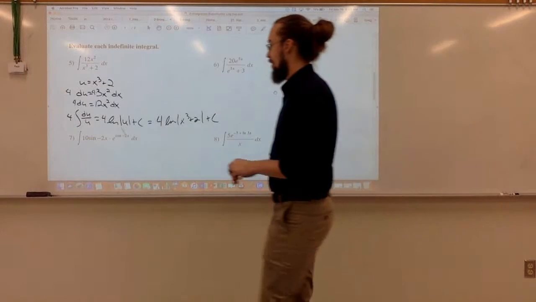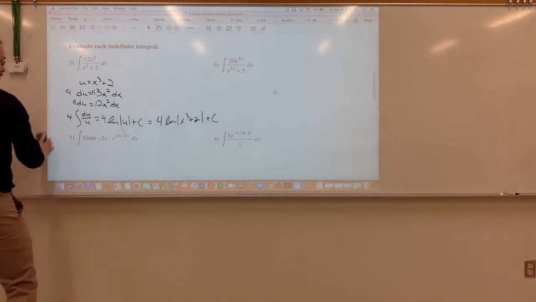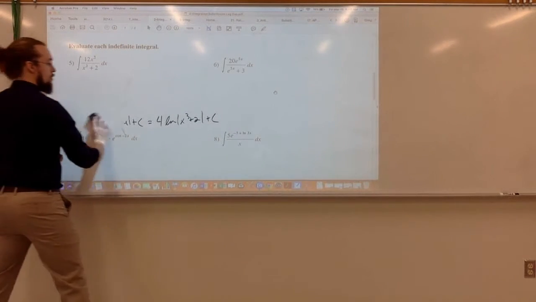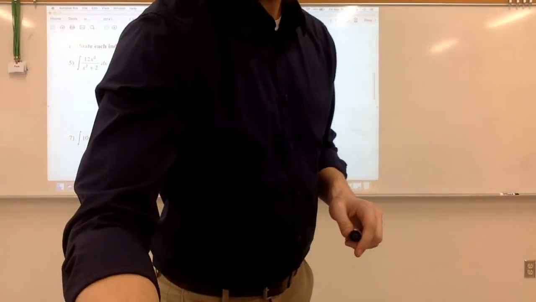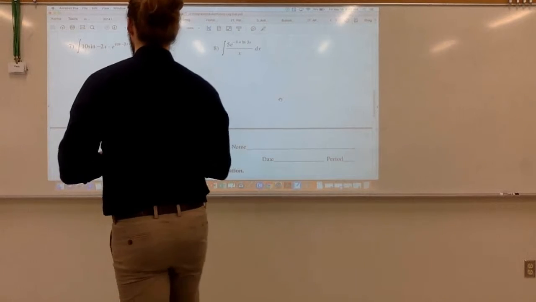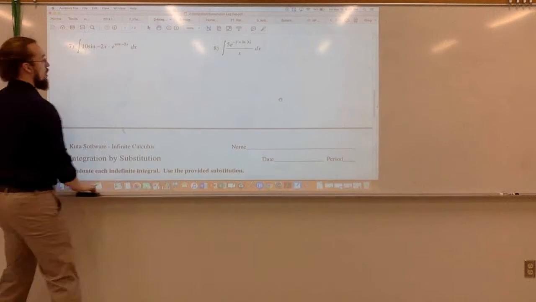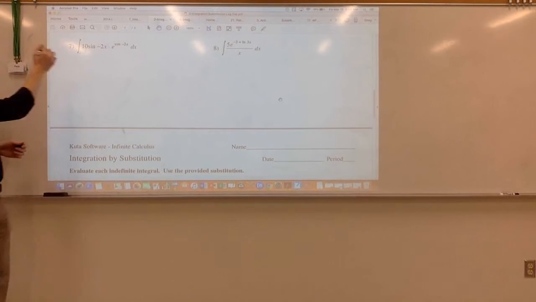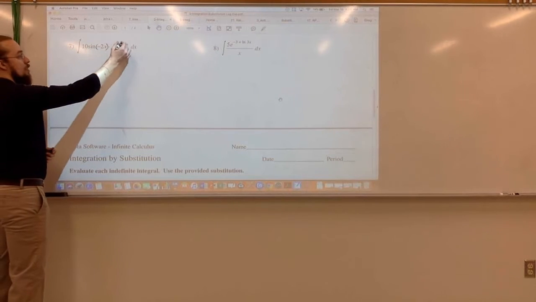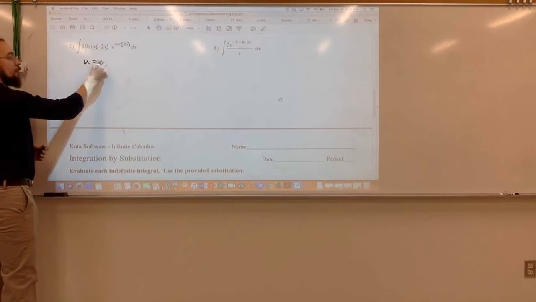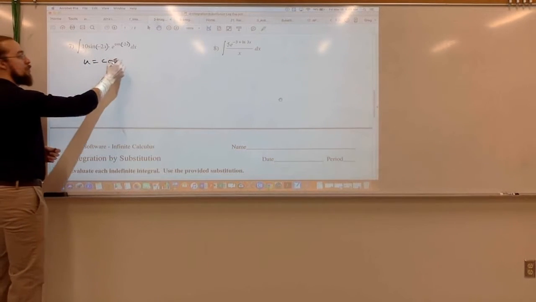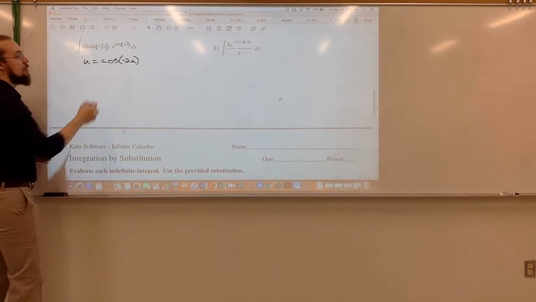Okay. Alright, so 7 and 8. So on 7, generally, our u is going to be the exponent whenever we have an exponential, so I'll make my u cosine of negative 2x.